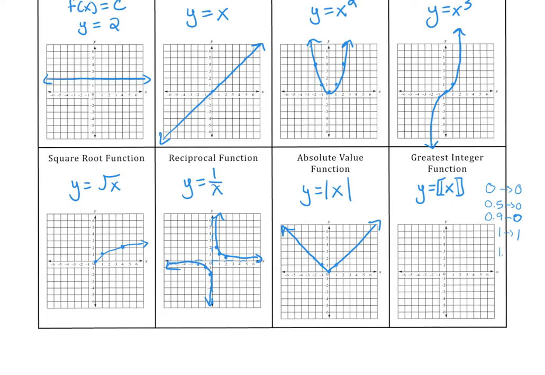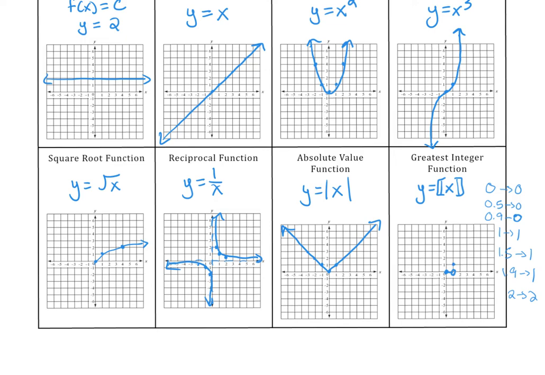And then same thing, 1.5, it's still at 1. 1.9, it's still at 1. And it doesn't jump up until 2. So what this graph looks like is this weird little step graph. So anything from 0 to 1 is 0. And then when you get to 1, it jumps up to 1.